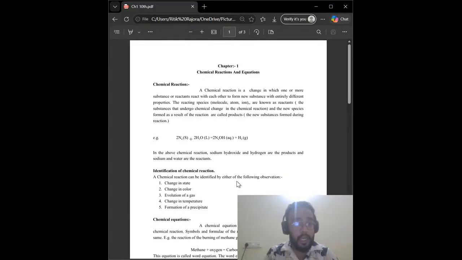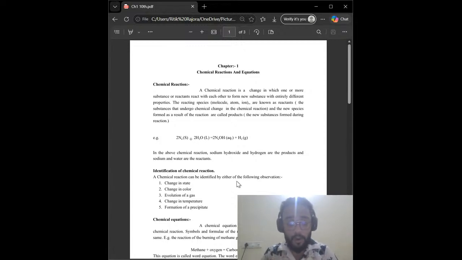Chemical reaction. A chemical reaction is a change in which one or more substances, or reactants, react with each other. As I said before, I told you a simple definition, but according to the Arihant and NCERT definition, a chemical reaction is a change in which one or more substances react with each other to form a new substance.